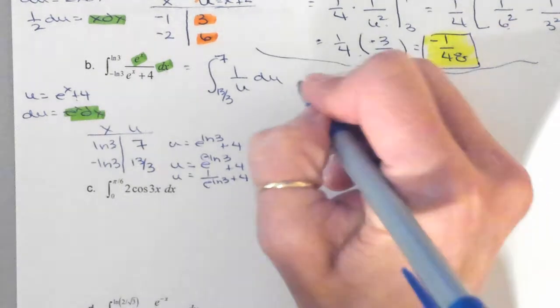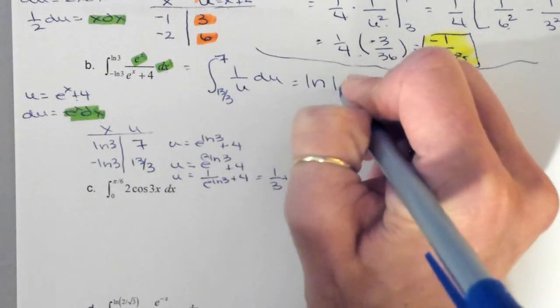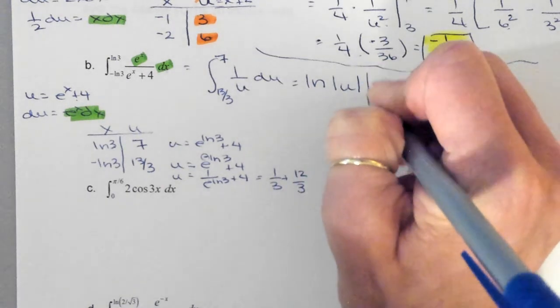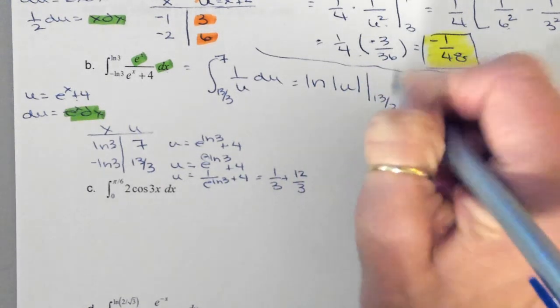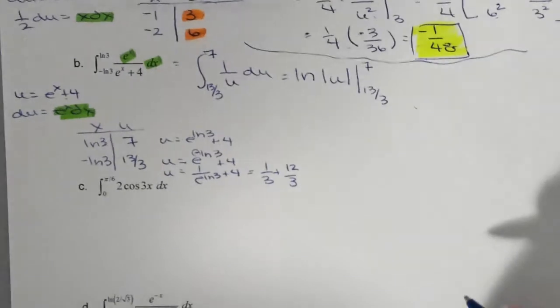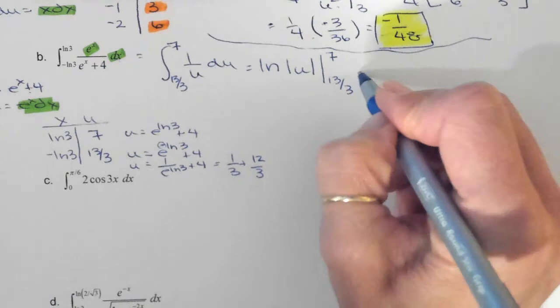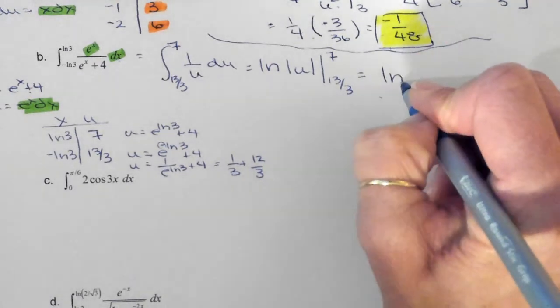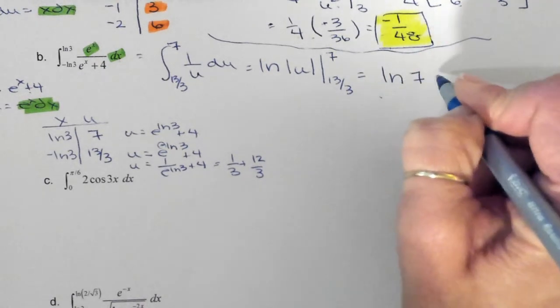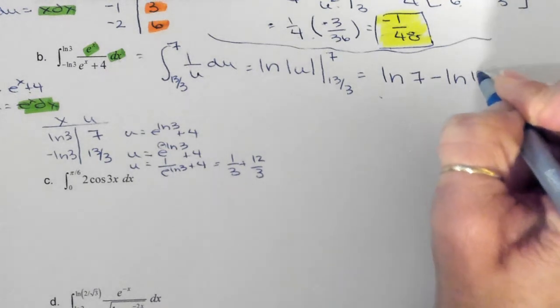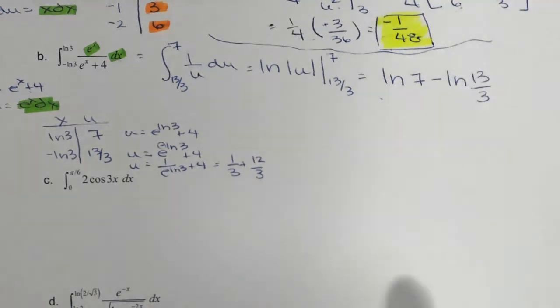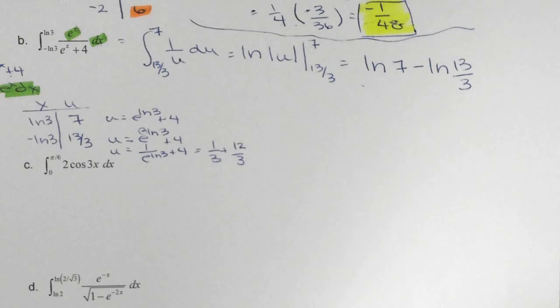We've got the natural log of the absolute value of u evaluated from 13/3 to 7. So what we've got is f of b, the natural log of the absolute value of 7, which is 7, minus the natural log of 13/3. Technically, this is correct if it's a non-calculator question.